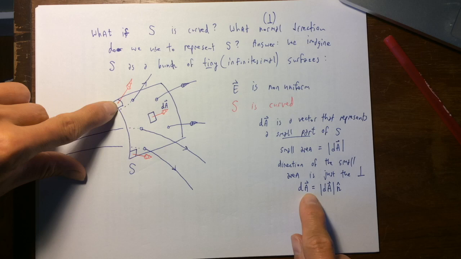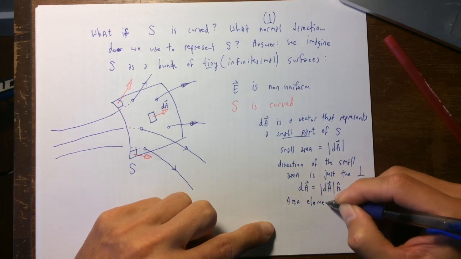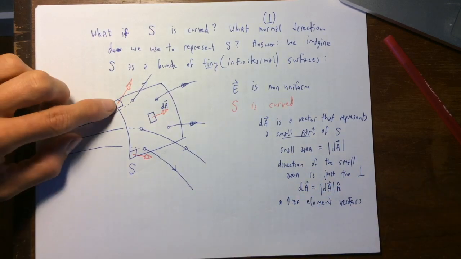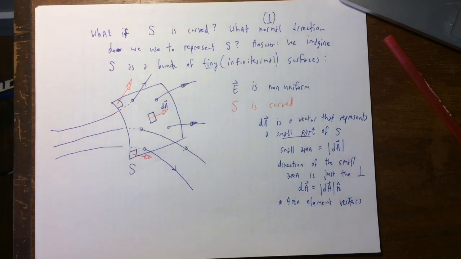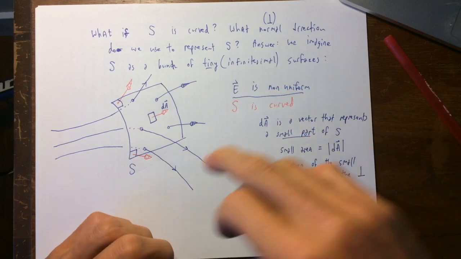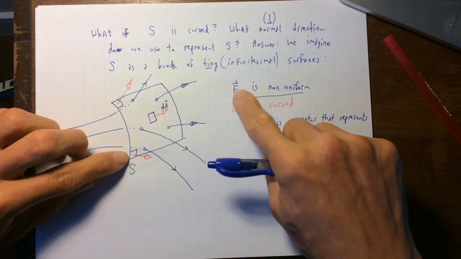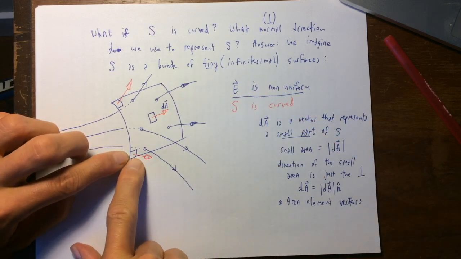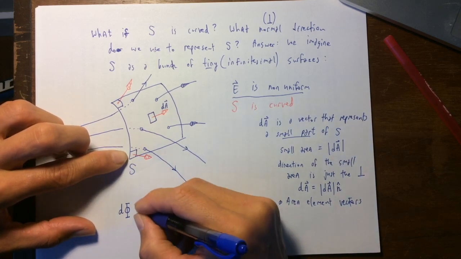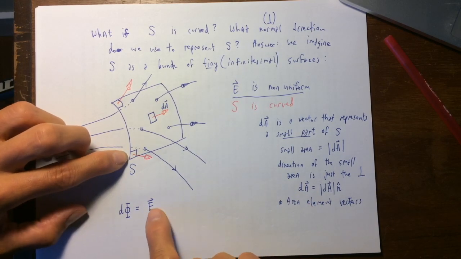So these are area element vectors, right? These area element vectors are in general different, and the electric field is not uniform. So we look at the value of the electric field at this small piece of surface, and we can write a small piece of flux equal to the electric field at that location, which is not small in general.